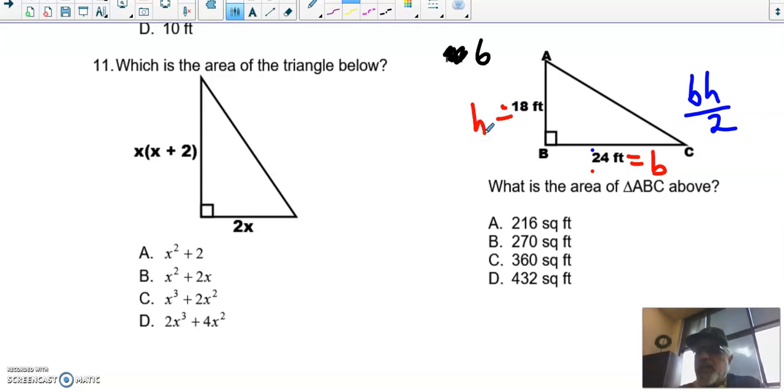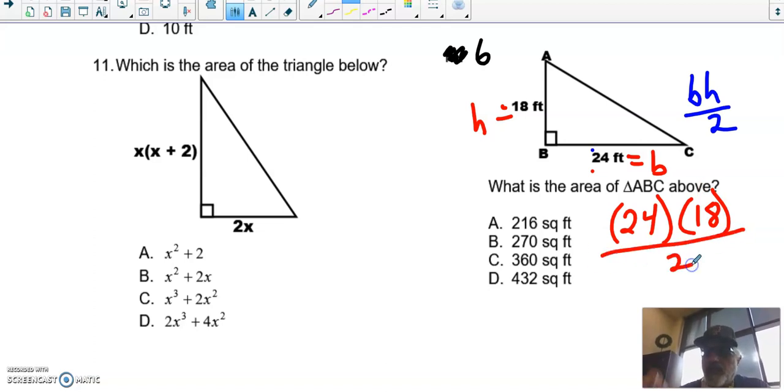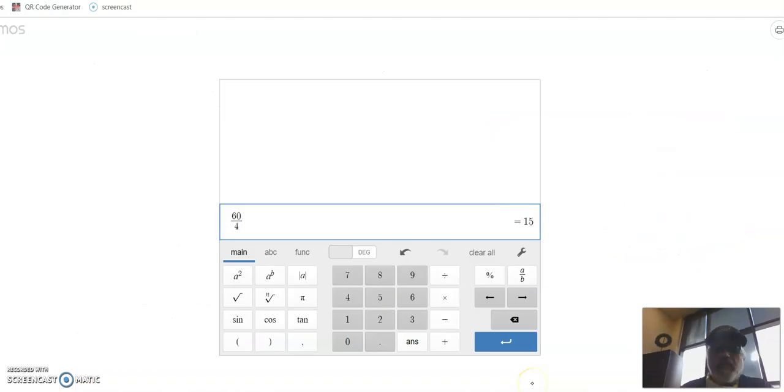So basically I'm going to plug that into my calculator and I'll get it. My base is 24, so it's going to be 24 times 18 divided by 2. I'm going to go to my calculator and set up my fraction.